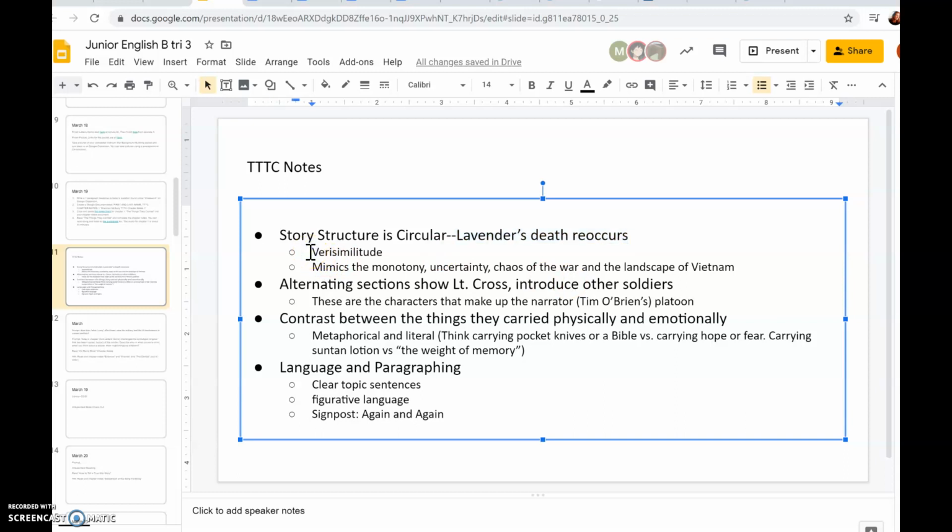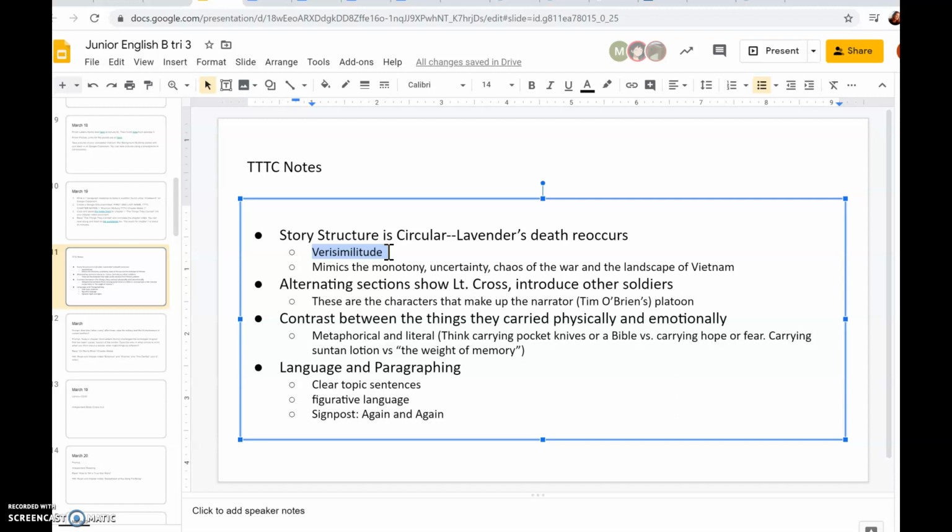You will not be tested on this, but just so that you know as I'm referencing it, the term is verisimilitude, and what that means is that Tim O'Brien is writing the story in a way that he wants to convey that it's a true story, even though it's a work of fiction.